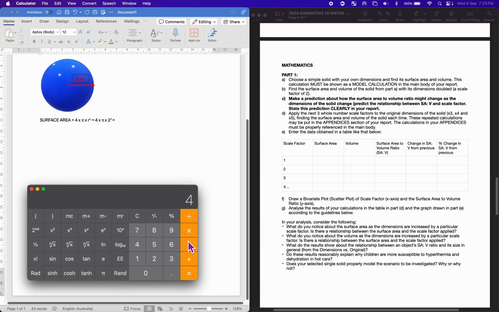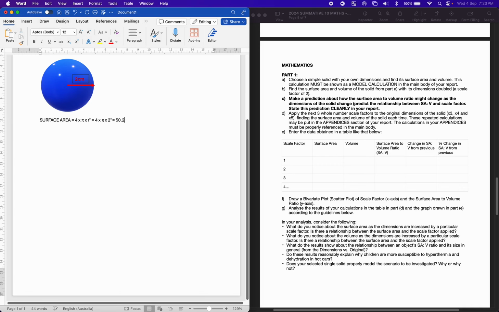Exponent first, 2 squared is 4 times pi equals times by 4, 50.27. 50.27 square centimeters is the surface area.